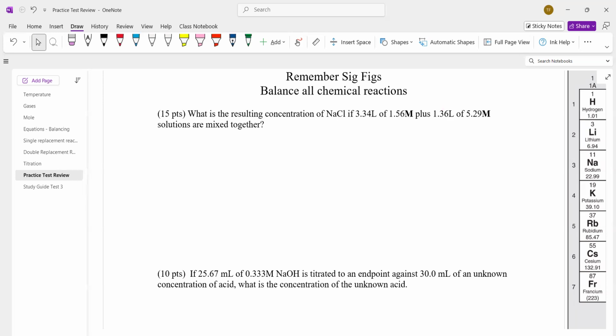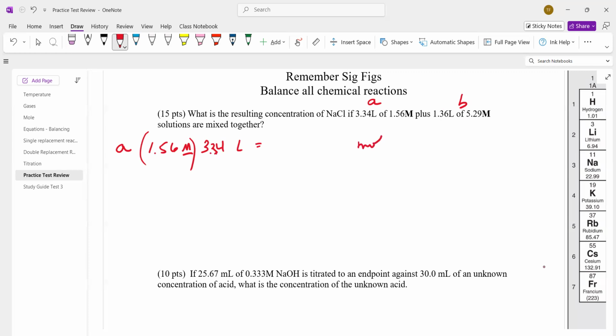Okay, so we're looking at this one first. So let's call this A. And this one B. So let's do A here. Okay, so we're looking at 1.56 moles per liter times 3.34 liters.